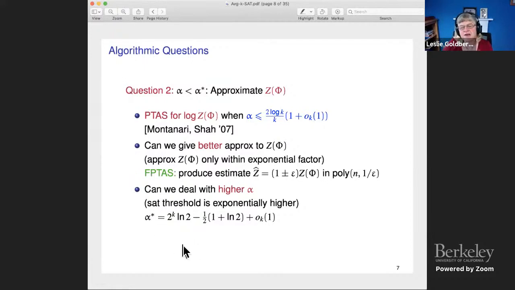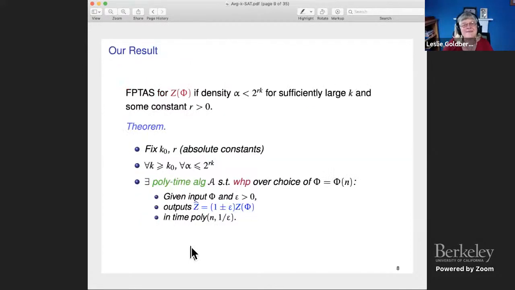But the second and kind of primary focus is that we're interested in having a higher alpha, and in particular in getting one that's exponential. So remember that the satisfiability threshold is about 2^k log 2. We're interested in getting as close to that as we could, and in particular in getting something exponential in k. We achieved something exponential in k, but probably not the constants that you'll like. So let me tell you about that.